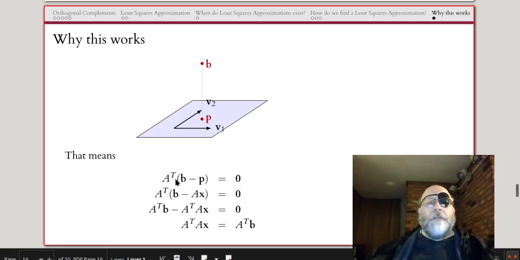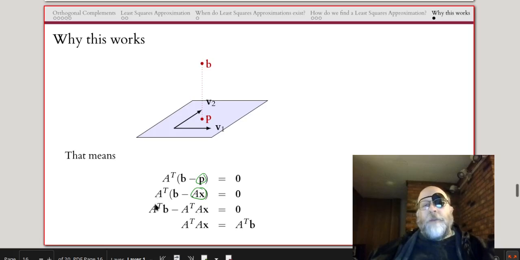But that means if I take A transpose and apply it to this vector, the answer has to be 0. Because this is a matrix times a vector that's perpendicular, it's going to be in the null space. The answer is going to be 0. But p, remember, is in the column space of A, so it's A times some vector x. And so these are equal.